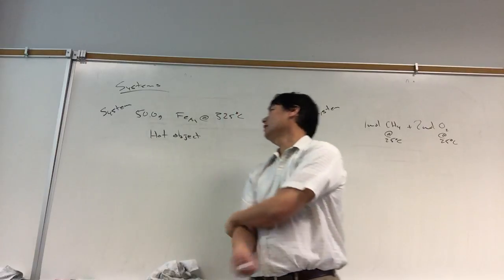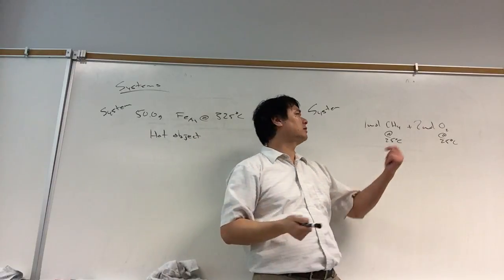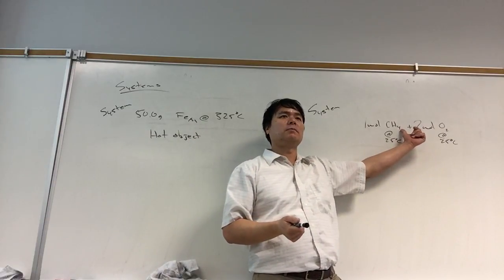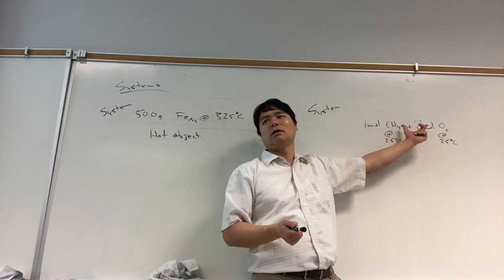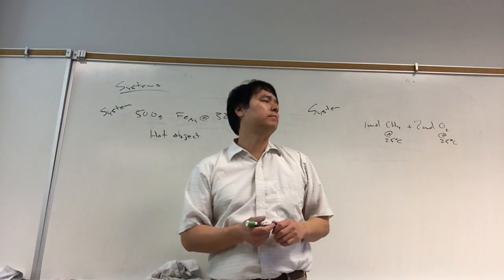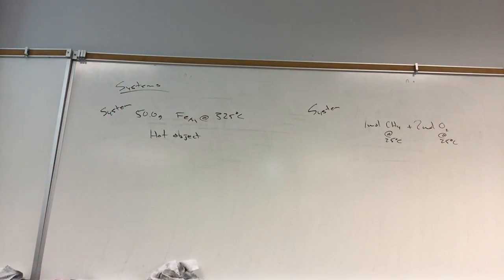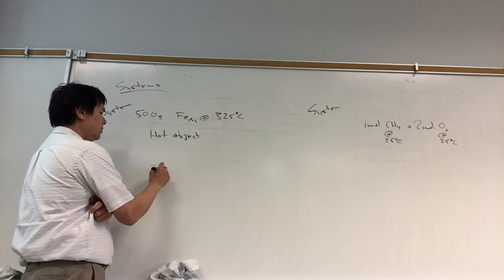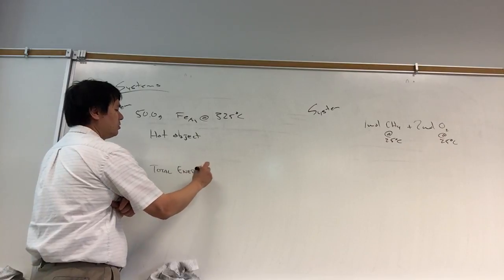In other words, we think of this as having a lot of energy because it's a hot chunk of iron, but we also think of this as having a lot of energy because of the potential for reaction, the potential for explosion. And so this is two different types of energy that we look at. And when we look at the energy, the total energy is what we call the internal energy.